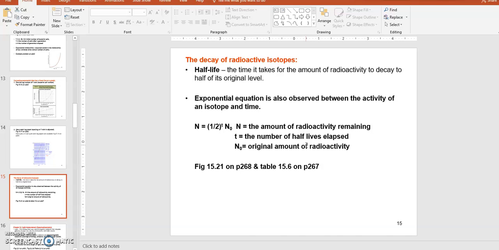Let's say P32 has about 14 days of half-life. Let's say you had about 500 microcurie of radioactive activity when you received that P32, but after 14 days, that 500 microcurie, whatever the amount you have, will decrease to a half of that. Maybe you only have 250 microcurie activity, right? So that's a decay of radioactive isotope in every half-life. So the half-life is that.